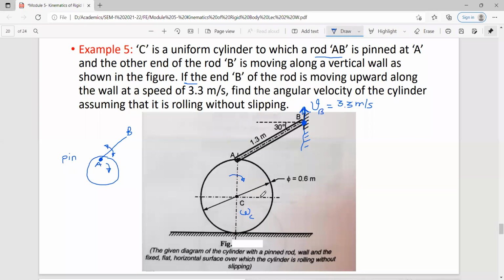But in rolling, every instant the point of contact will change. As the cylinder rolls, a new point will come in contact with the surface, and then it will become the ICR. Because when rolling happens, the point of contact between the rolling object and the surface is your ICR. Got it?